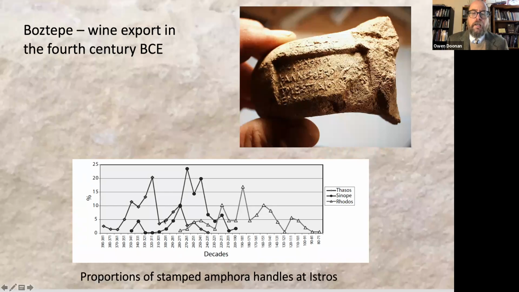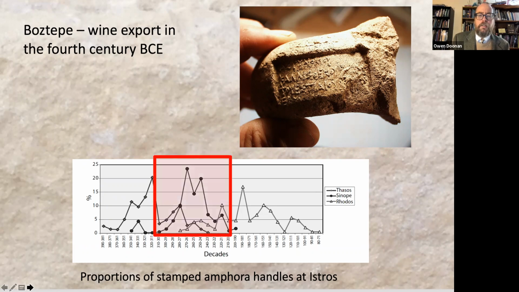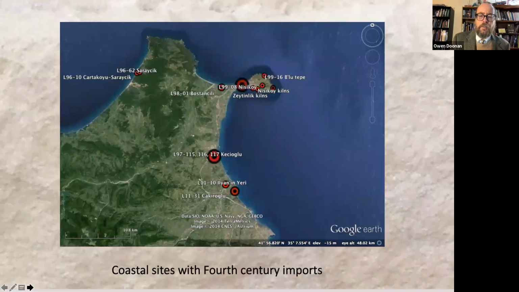So the early 3rd century down to the first three quarters, basically, of the 3rd century, quite predominant in the assemblage of amphora handles at Histria. So it looks like Sinope became engaged in a wine export industry around this time. Not only import abroad, but also locally.